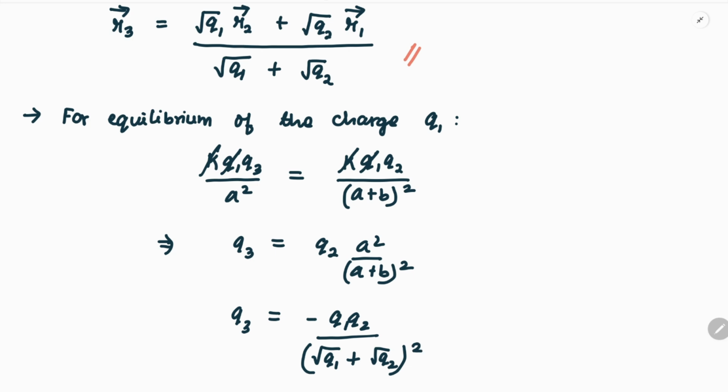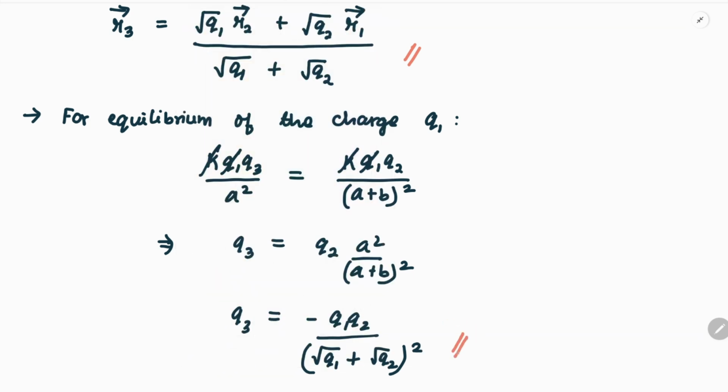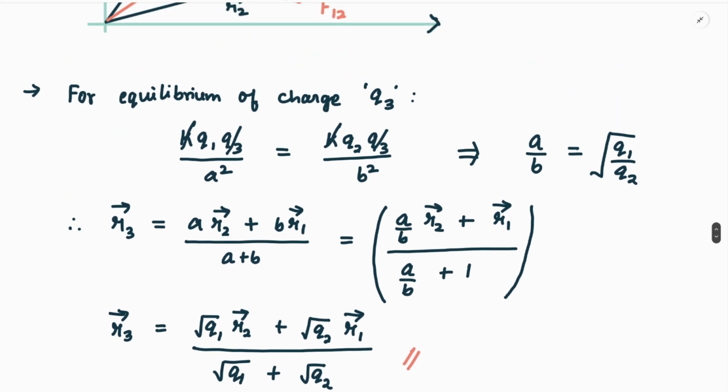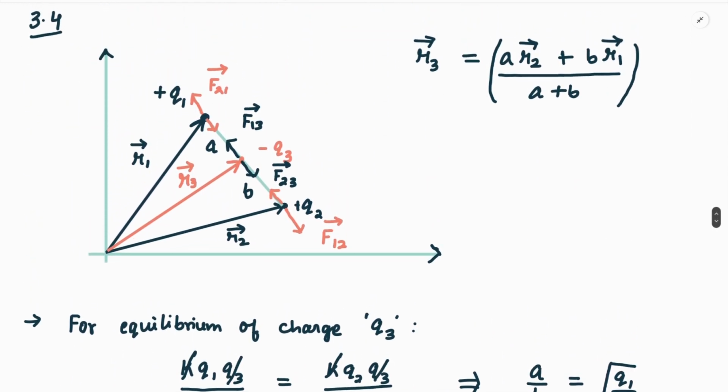And the third charge must be a negative charge. It is already mentioned in the problem as well. So this is the solution for calculation of q3 and r3. So we have also discussed this very important result for the three charge equilibrium case, where charge 1, 2 and 3 are in equilibrium.